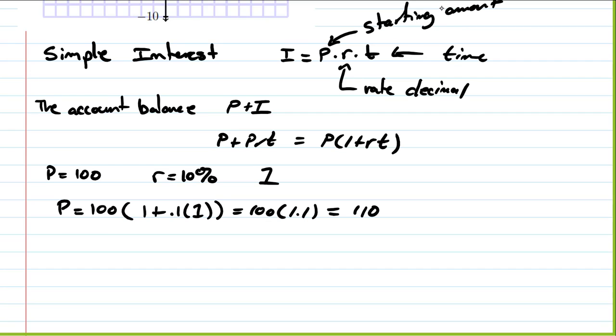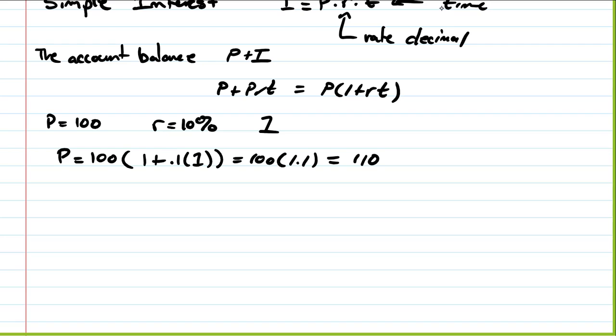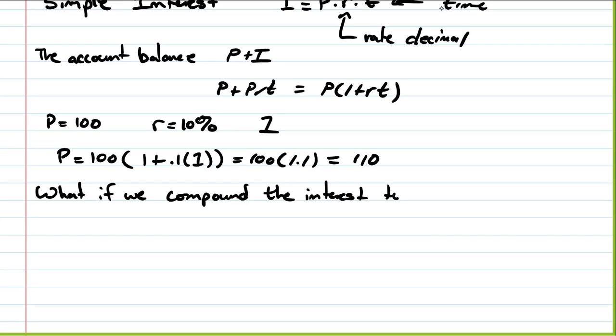As we would expect, if we had a 10% interest rate on $100 for 1 year, using simple interest, our account balance would be $110 after 1 year. Well, what if we compound the interest twice?